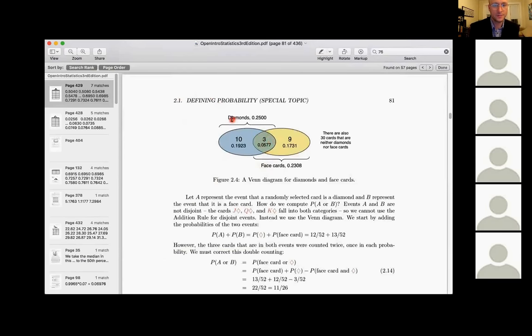And then, of course, conversely, we can say the inverse: there are some diamond cards that are face cards. That's what we call the intersection. So this is where we use this idea of the probability of A or B when they are not disjoint events. So we have disjoint probabilities, and we have those that are not disjoint.